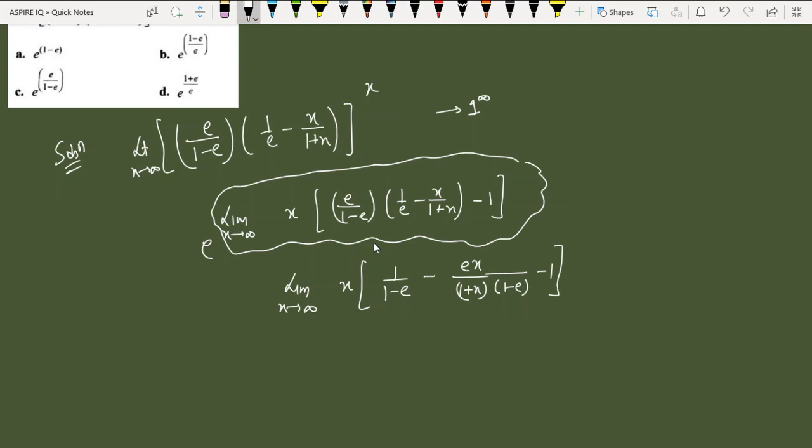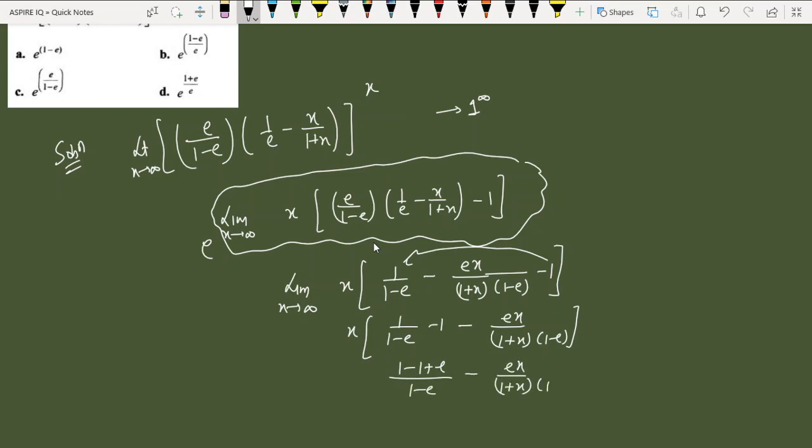Now club this minus 1 with this expression. Let's see what we get. We get limit x tends to infinity of x times (1 minus e...).